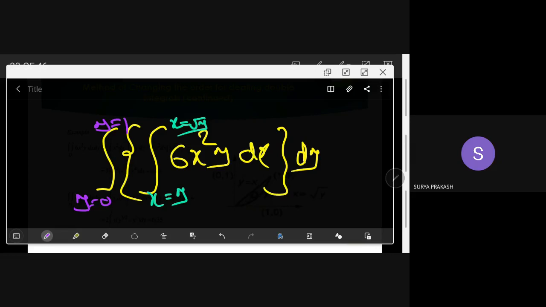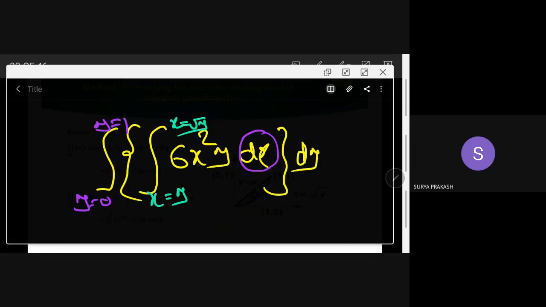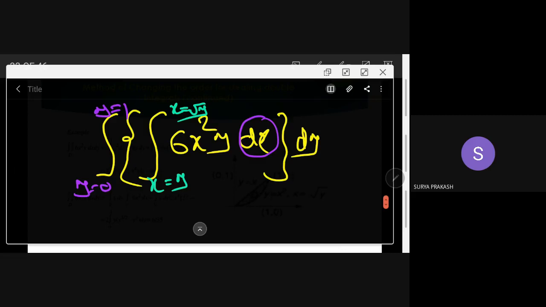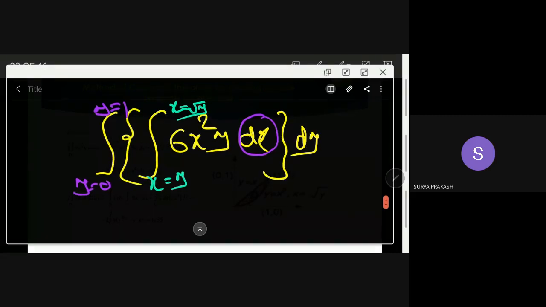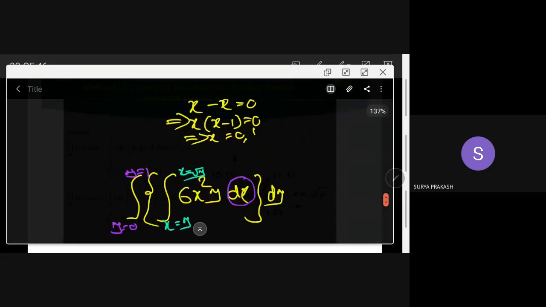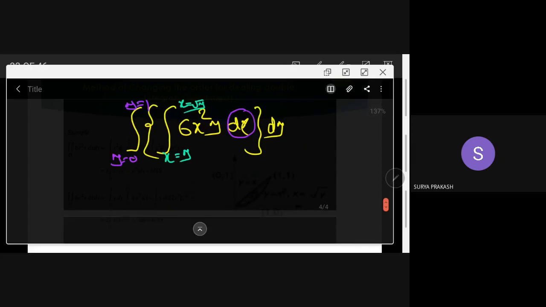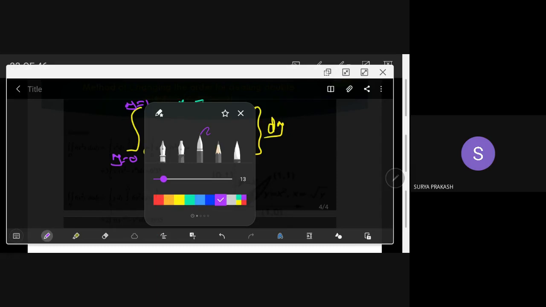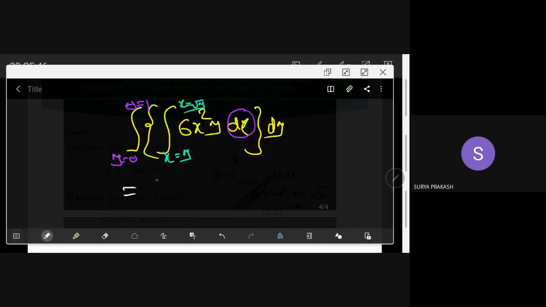So now see, when you are doing with respect to x, keep y as constant. So when you integrate with respect to x, 6x cubed by 3.